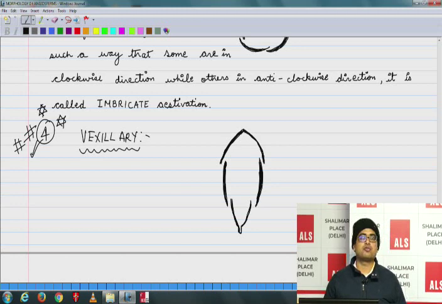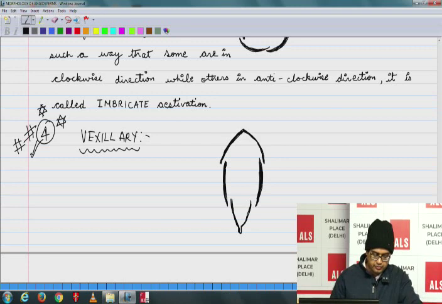That is also important for us. So what is happening in vexillary estivation? I'll name these petals.